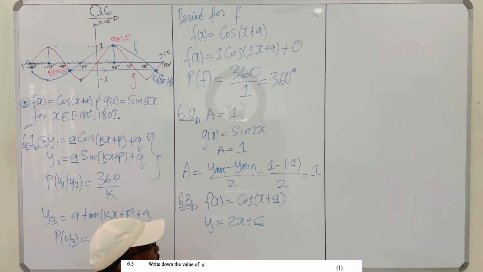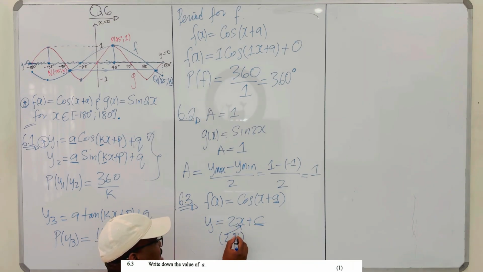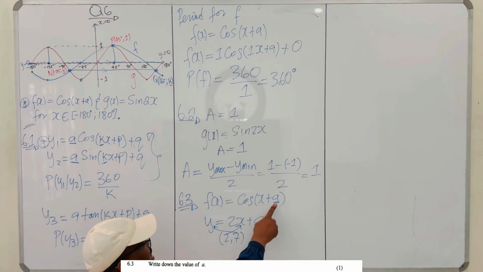If you have 2 and 7 as the points on this line, you substitute your x there and substitute your y there. So this is a similar scenario, because you're only missing one value there.